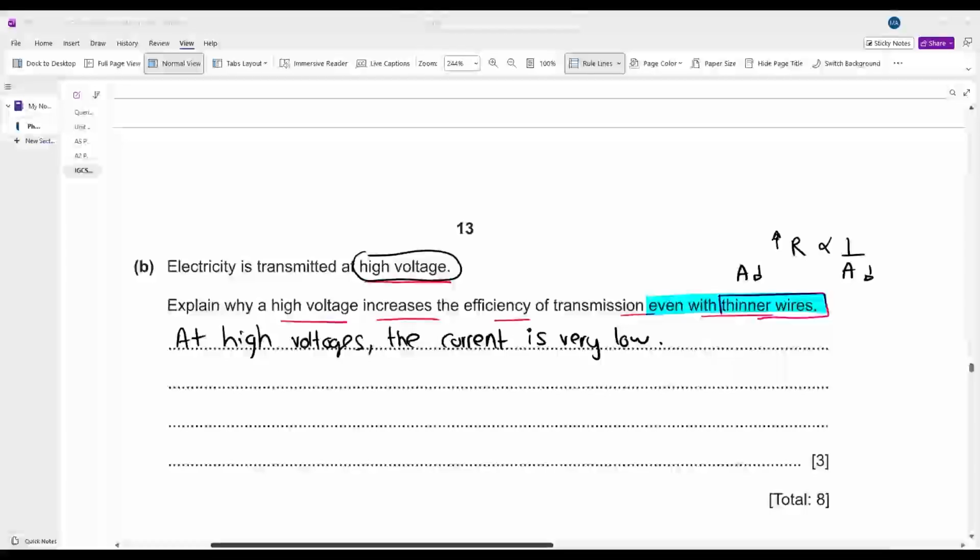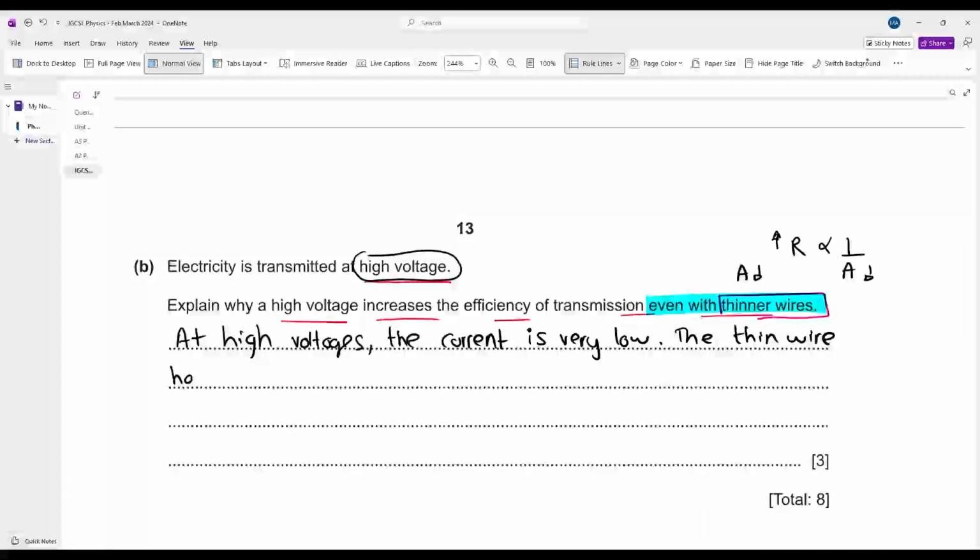The thin wires have a larger resistance.